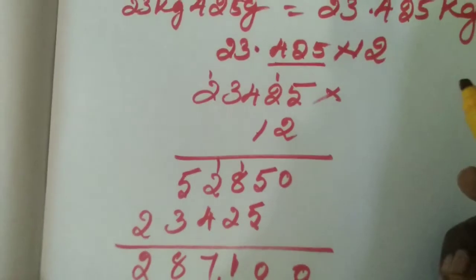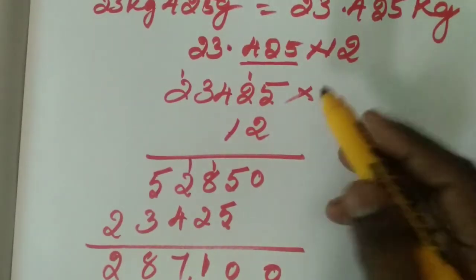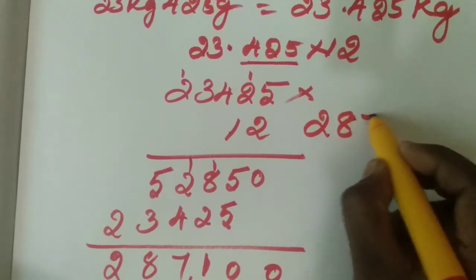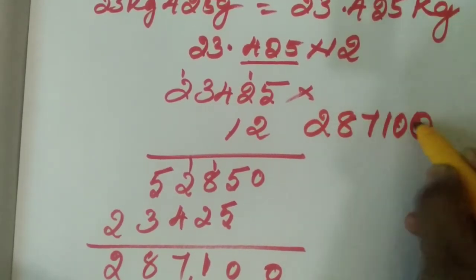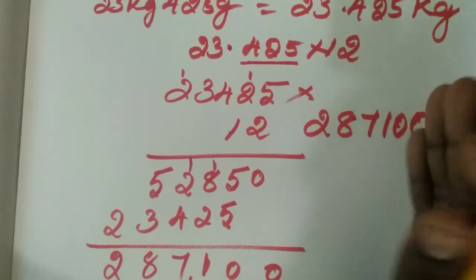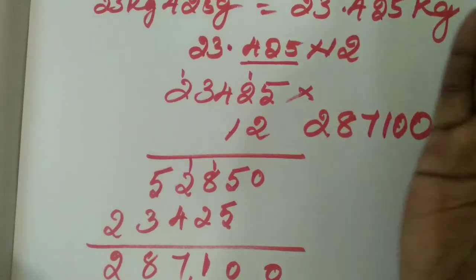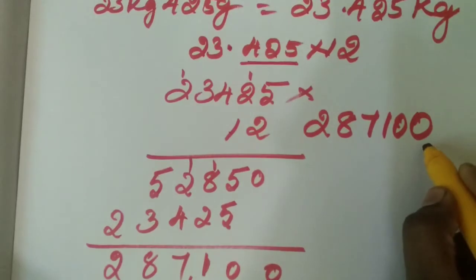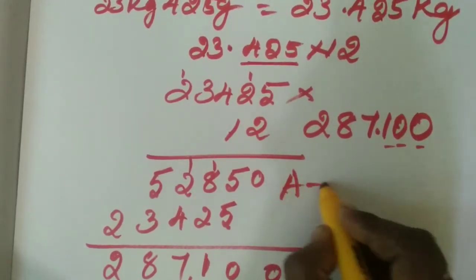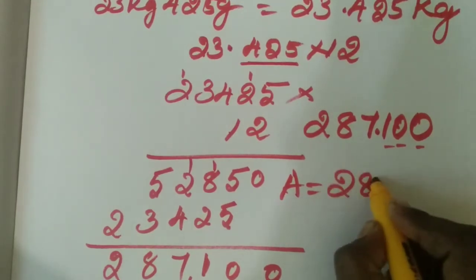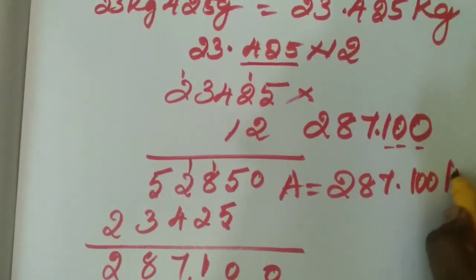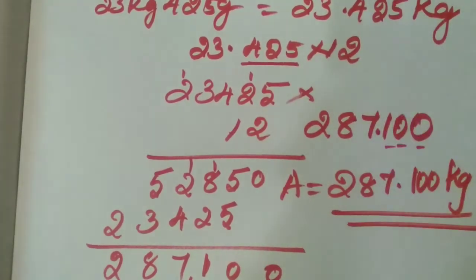So in the answer also keep the decimal point. From your right to left, count 3 places, 1, 2, 3, and keep the decimal point. So the answer is 281.100 kg.